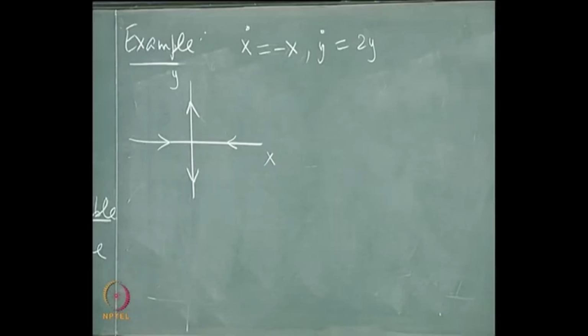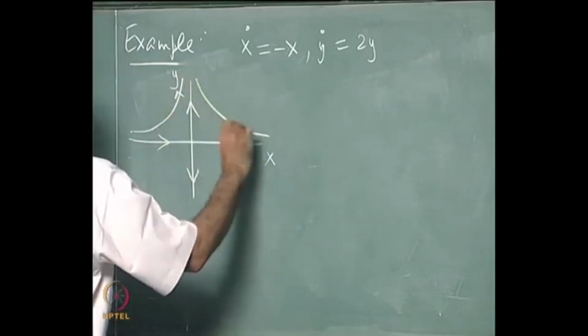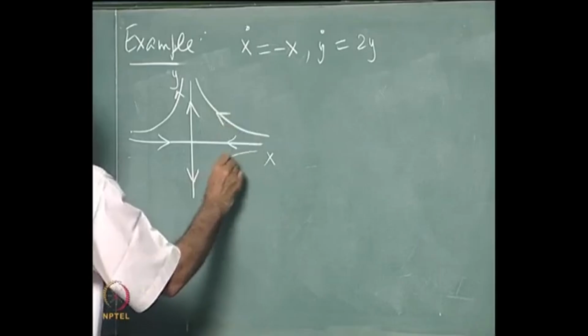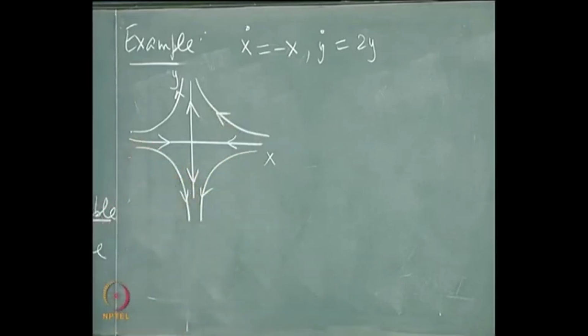If you start with some point here, some value of x which is not 0, say some negative value, then it has got to flow in towards 0, but the y has to flow outward, and therefore the trajectories look like that, and by continuity this is what they would look like.